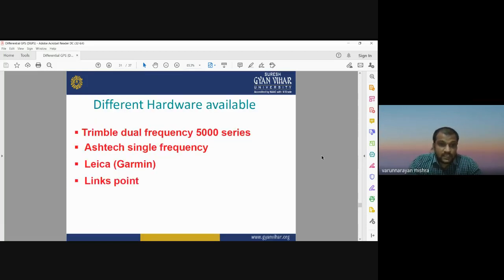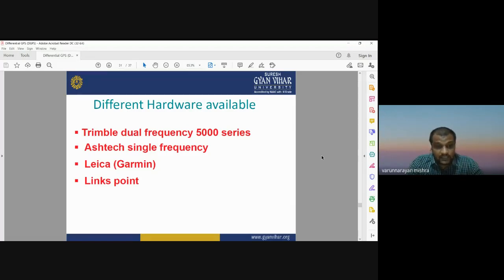Different hardware is also available for GPS or DGPS systems, like Trimble dual frequency hardware. Hardware means the receiver. The Trimble GPS receiver is available, and the single frequency receiver is available.